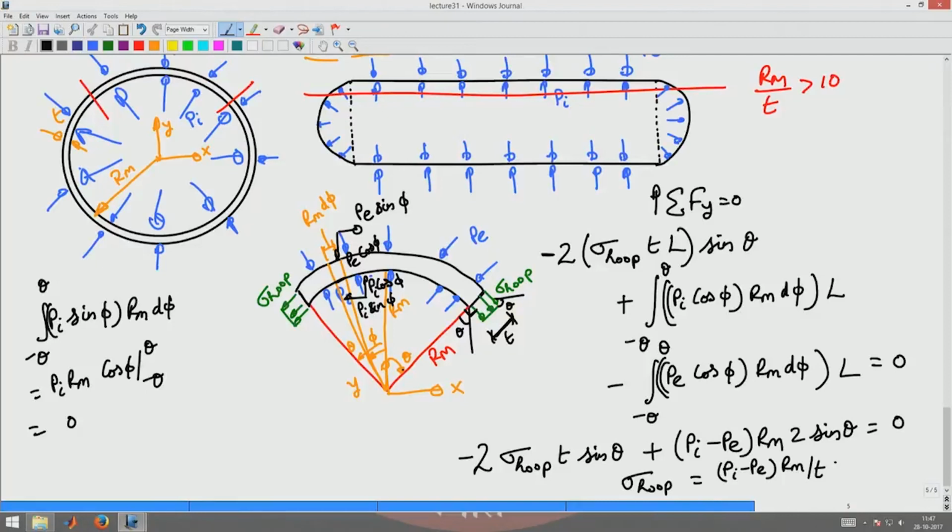That is intuitive because on either side of the center line of this structure, the direction of the horizontal forces is opposite to each other. So, that will get cancelled out. So, the hoop stress is given by Pi minus Pe into Rm by T. So, that is the hoop stress.